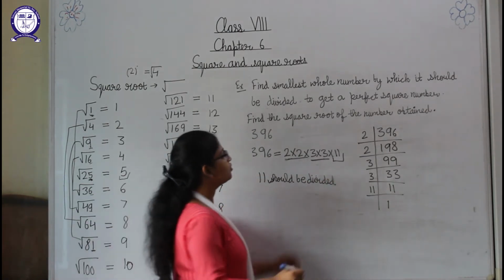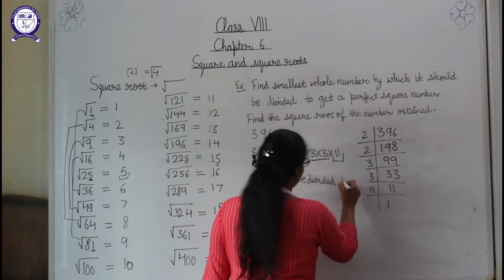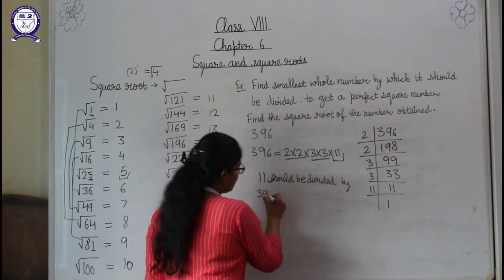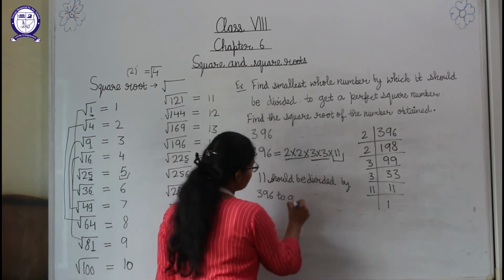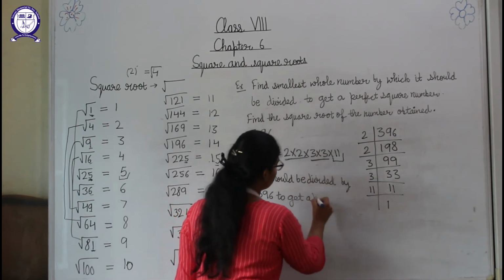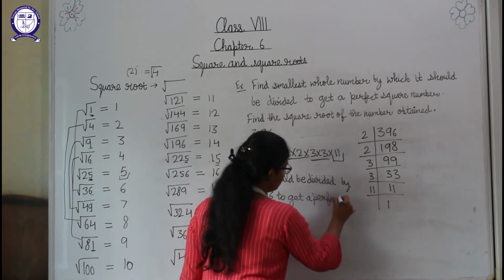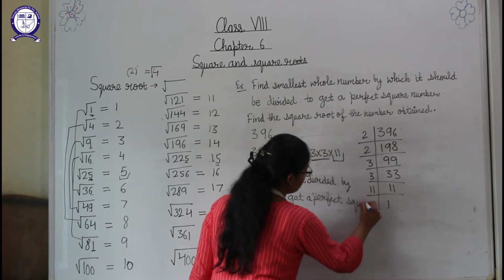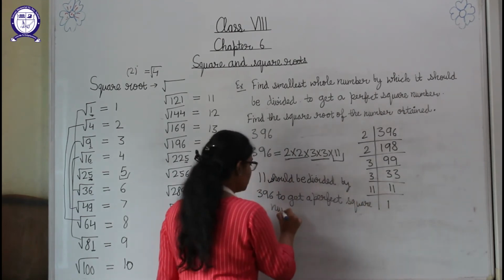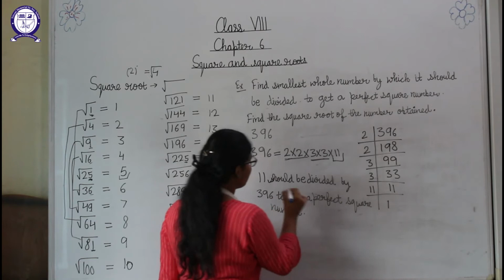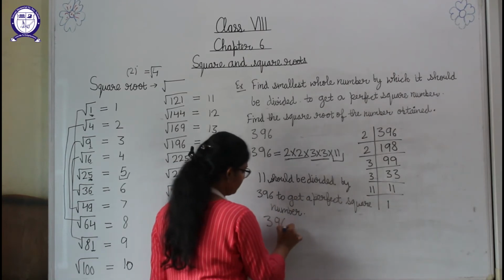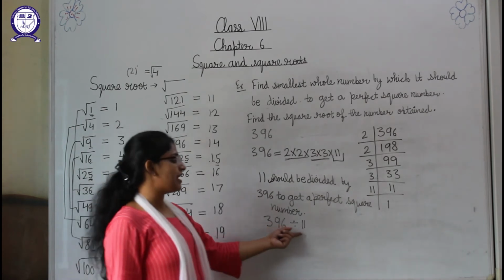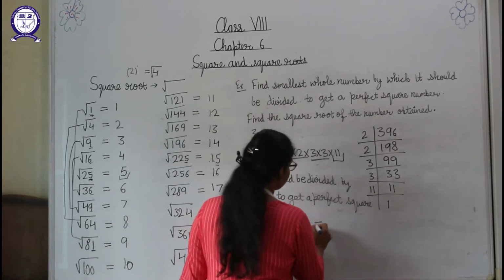So 396 should be divided by 11 to get a perfect square number. So what will we get after we divide 396 by 11? We will divide 396 by 11. So what will we be getting?